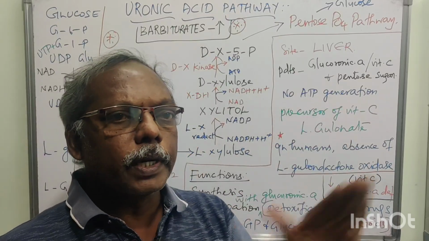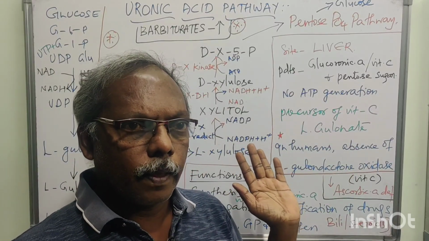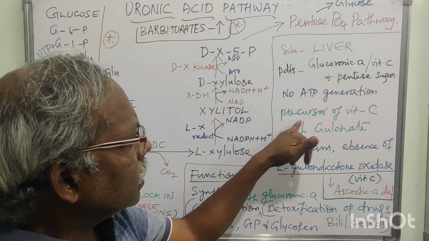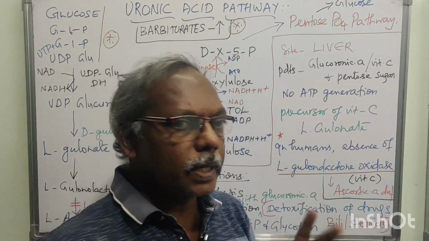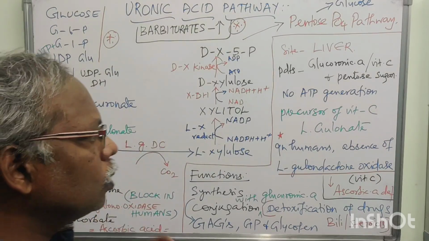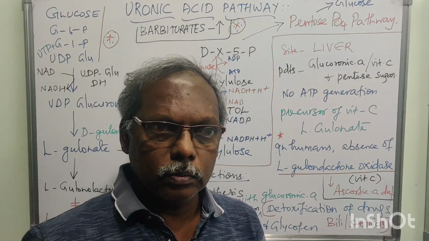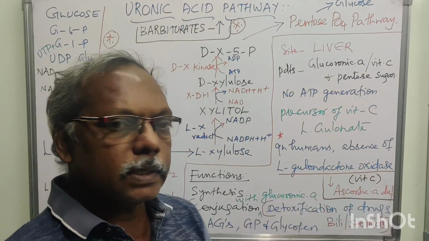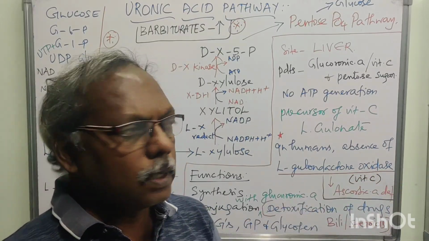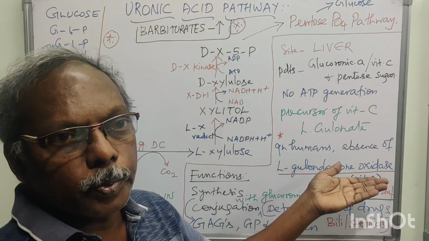There is no ATP generation here. What is the precursor of this vitamin? Only one precursor, that is L-Gulonate. The enzyme is L-Gulonolactone oxidase, which is absent in human beings. So these are all the important MCQ points.